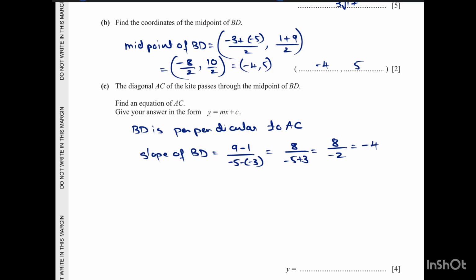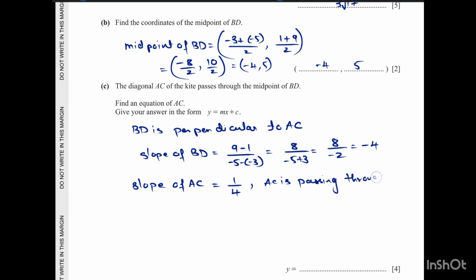This is the slope of BD. Because AC is perpendicular to BD, the slope of AC will be the opposite sign and reciprocal of the slope of BD. So reciprocal is 1 by 4, and because it is negative, this will be positive. We got the slope now, and AC is passing through the midpoint of BD.